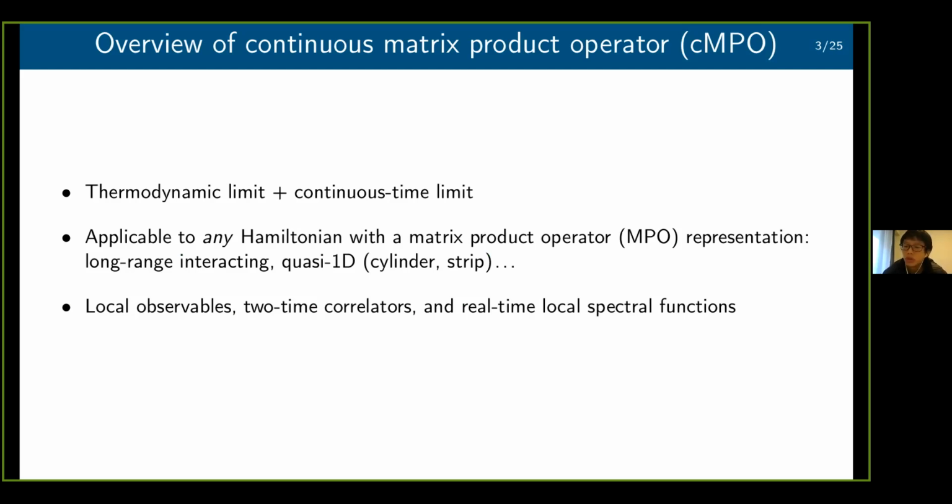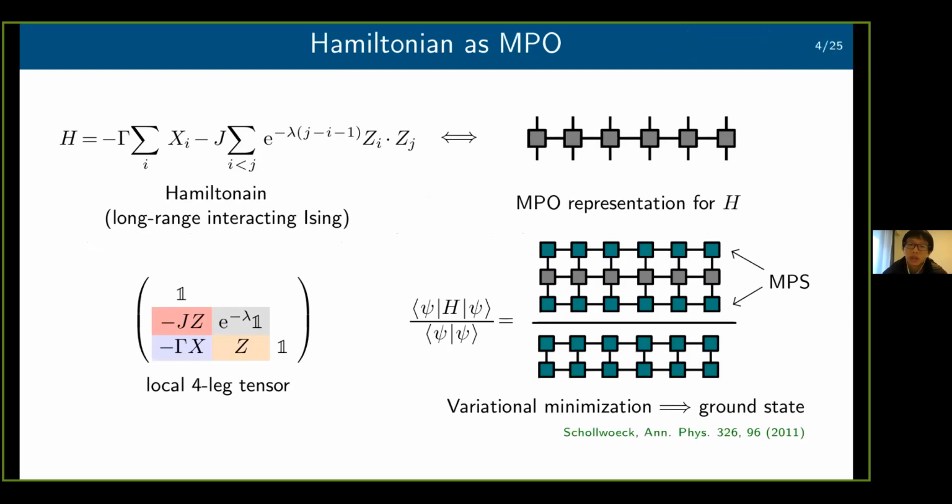So before we talk about CMPO, let's talk about the MPO representation for the Hamiltonian. The MPO representation for the Hamiltonian basically consists of a four-leg tensor. If we put all the local terms in the Hamiltonian in this four-leg tensor, and we contract all the virtual legs, we can recover the matrix representation for the original Hamiltonian.